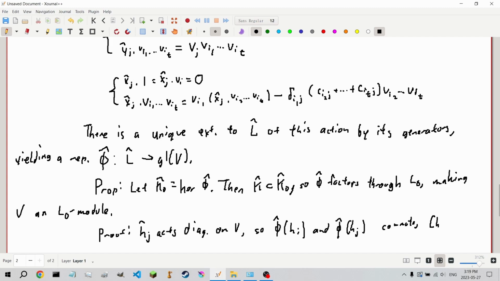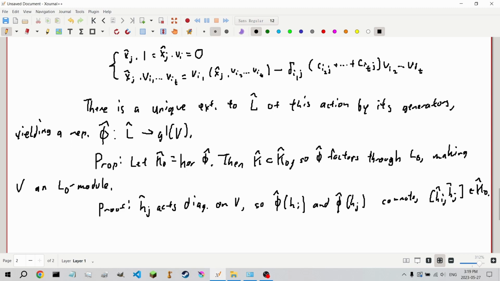So the bracket of h hat i and h hat j lies within the kernel of our φ. Also, as I mentioned before, without even looking at the proof yet, φ of y hat j is left multiplication by v_j.